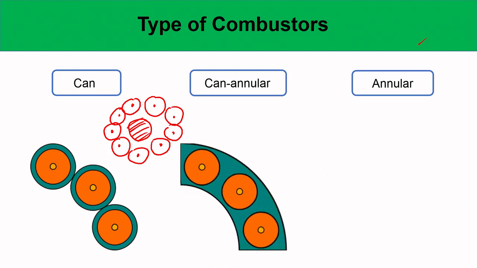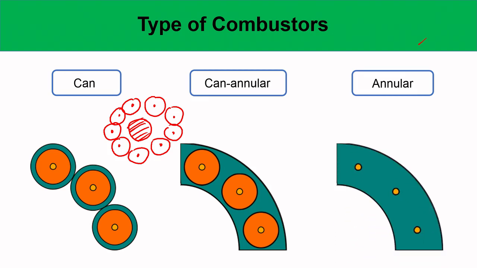In the can annular manner, it is similar to the can combustor, but there is also this shroud surrounding these cans, and there is some airflow that can happen across these different can annular combustors. In the annular combustor, the injectors are just placed in this annular space, and there is absolute interaction between all the individual burners where the flame is stabilized.